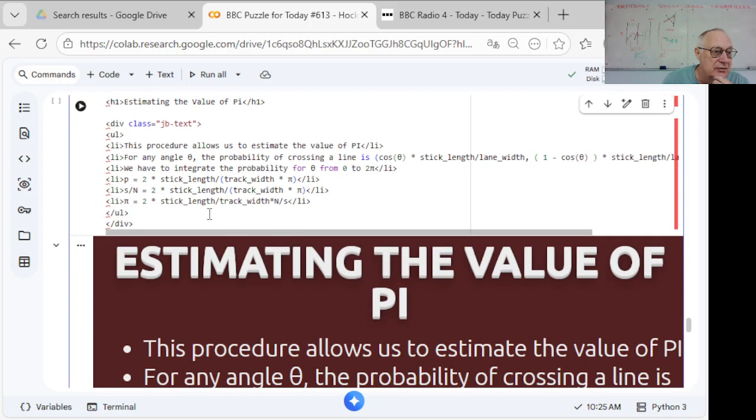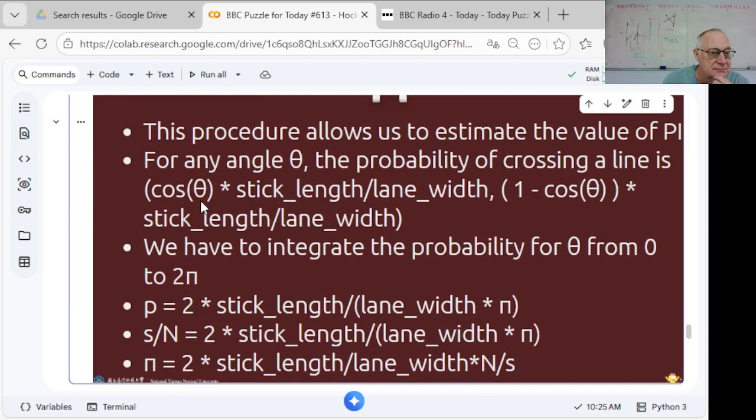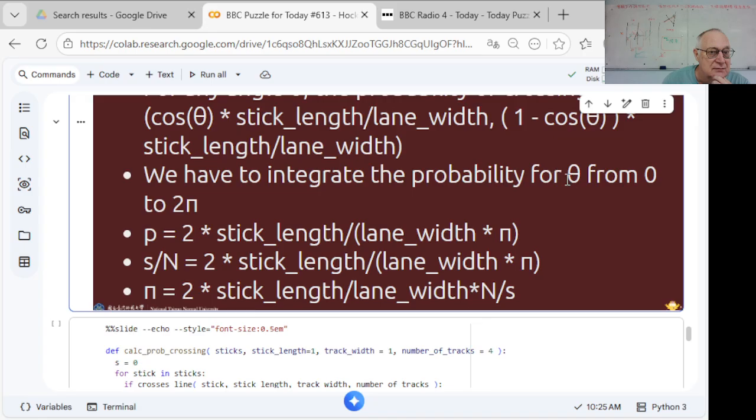But that gives us, because theta can range, in my representation, from 0 to 2 pi, the probability of 2 times the stick length divided by the lane width multiplied by pi. And then I can solve for pi using just arithmetic manipulation.